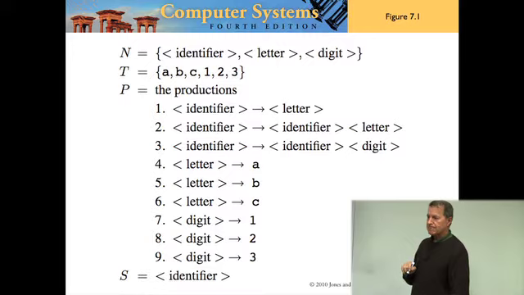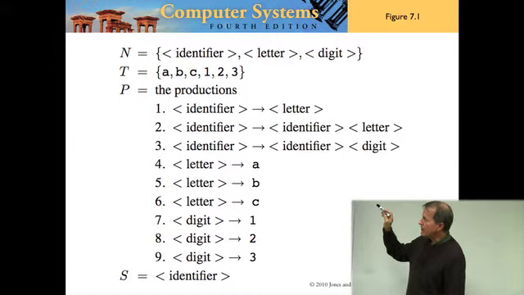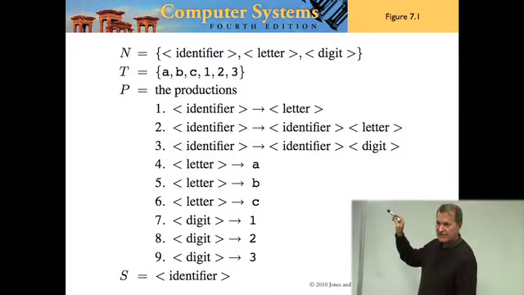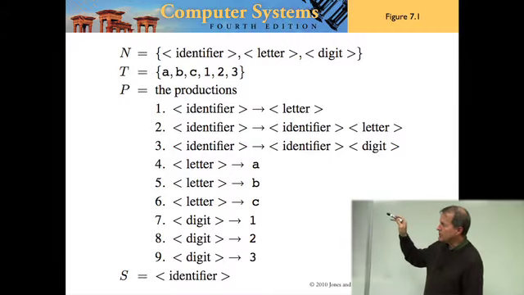Are you with me? So N, the non-terminal alphabet, consists of identifier, letter, and digit. And then we'll just use a small example. T, the terminal alphabet, is A, B, C, 1, 2, 3. Okay? And then P, that's the set of rules of production.